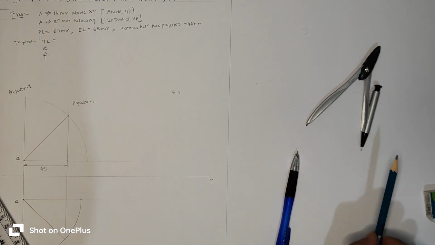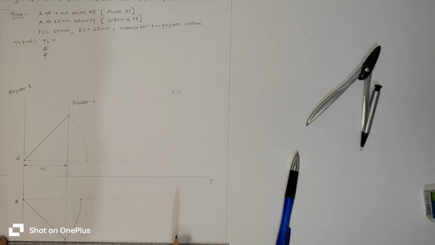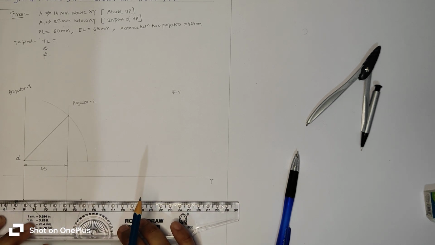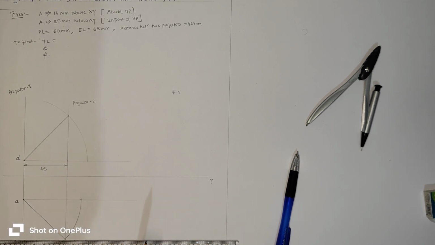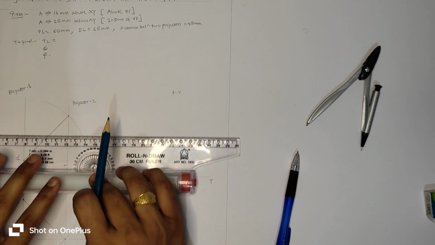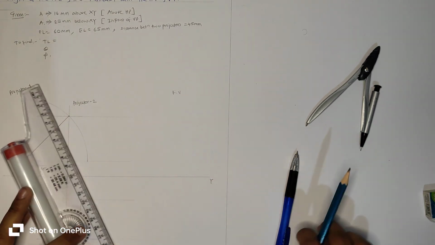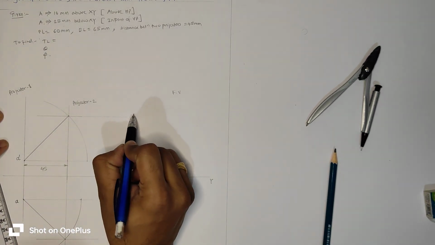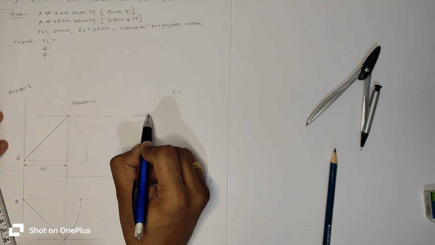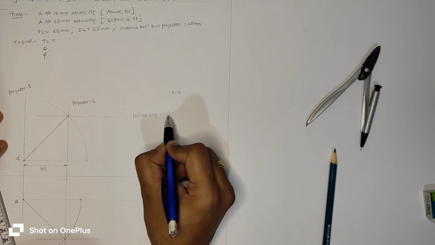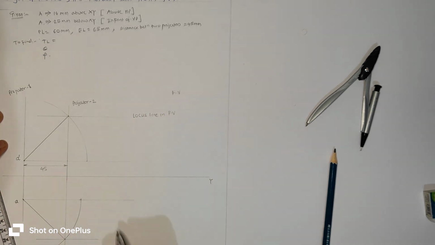After we know the end points of plan length and elevation length, we can draw a locus line parallel to XY. This is a locus line in front view, and this is a locus line in top view.